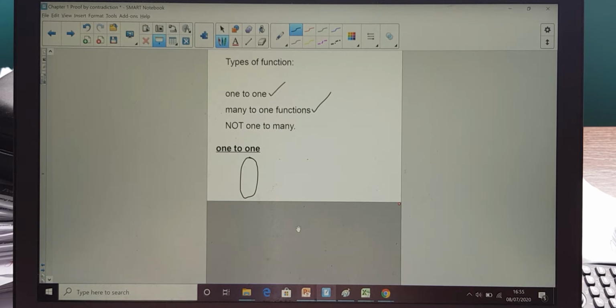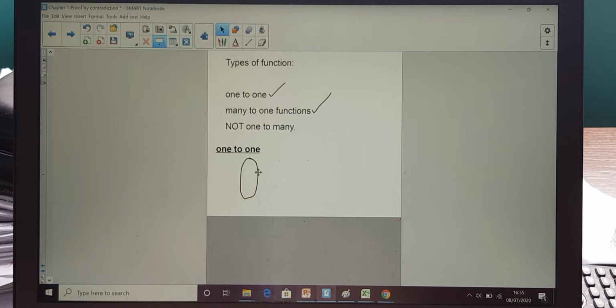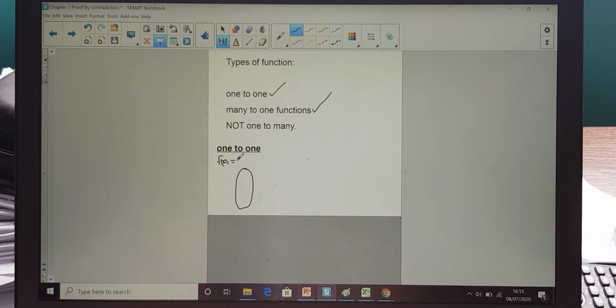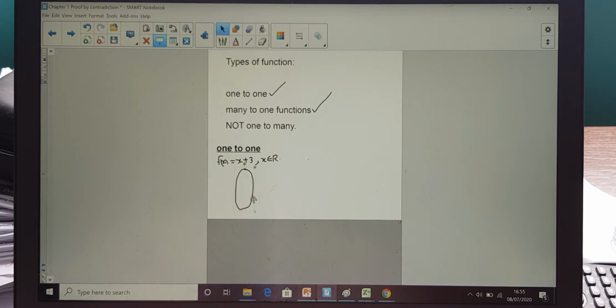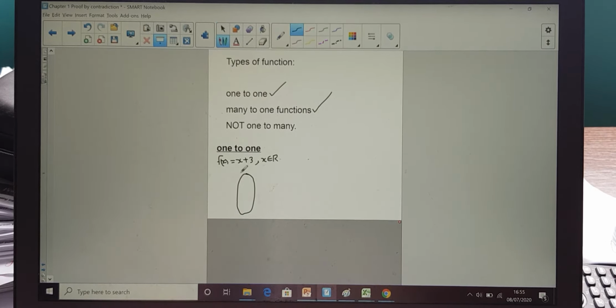Let's just make up a function. If the function was x plus 3, and my domain was any values of x, because it wouldn't actually matter, I could stipulate one thing or another, but let's just say any real numbers. So if I put 1 in, that would map to 4.